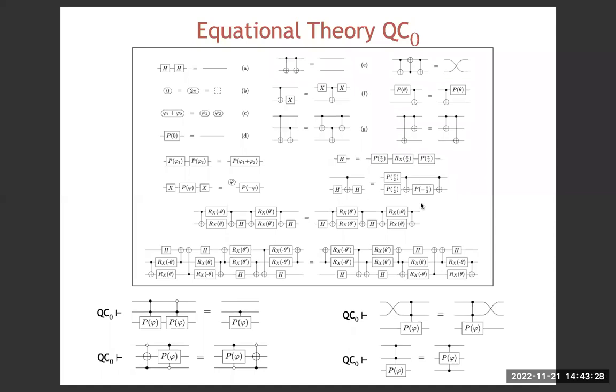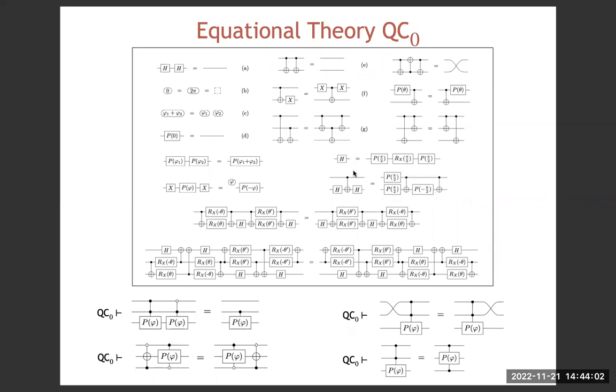If we look at these equations, there are clearly two parts: the top ones, that is all but the last two, and the last two equations. The top ones are fairly standard equations. Here, double Hadamard is the identity, some basic properties here for a particular value, or the fact that you can add up the angles. When you apply X, you change the sign of the rotation, some basic properties of C0, Euler decomposition of Hadamard.